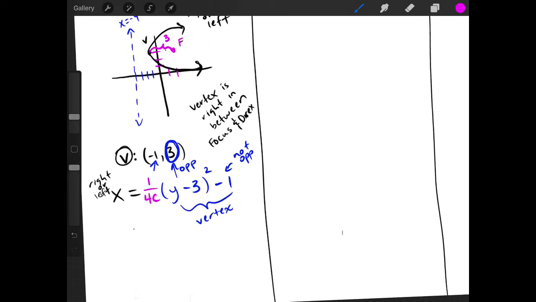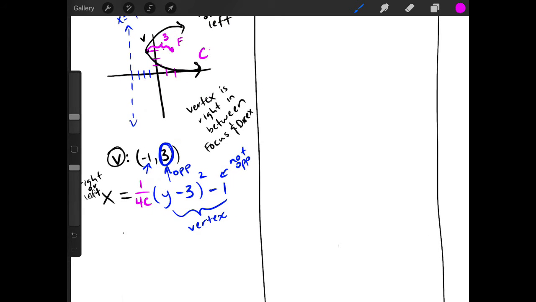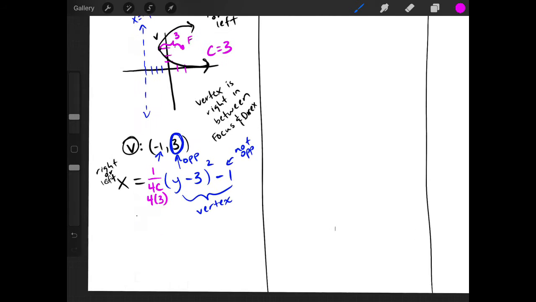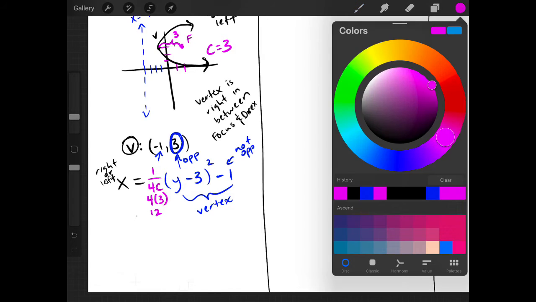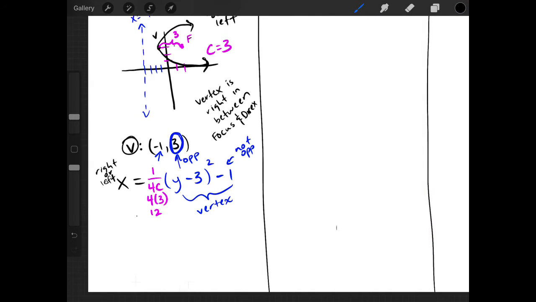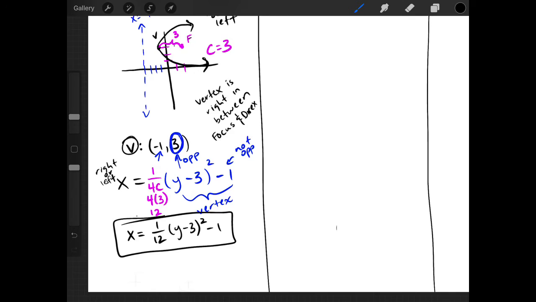So we go back to our equation and plug in 3 for c. In our denominator here, we're going to have 4 times 3, because that's what c is. That gives us a 12, meaning for our equation, we're going to have x equals 1 over 12 times (y minus 3) squared minus 1.